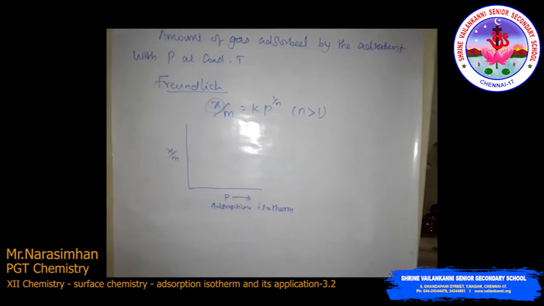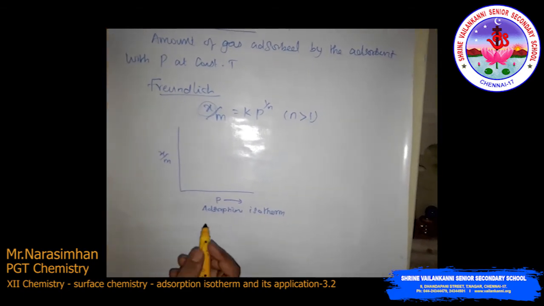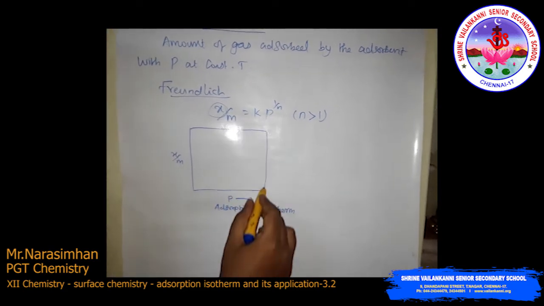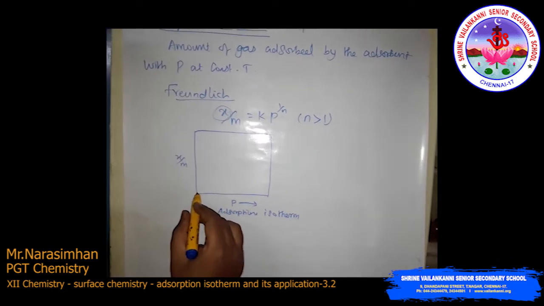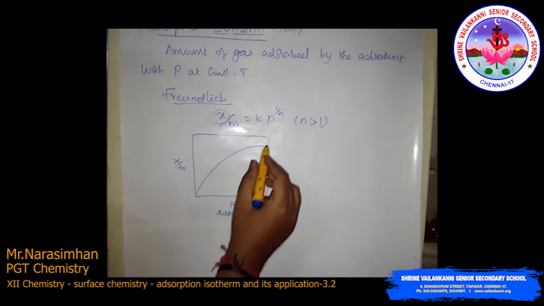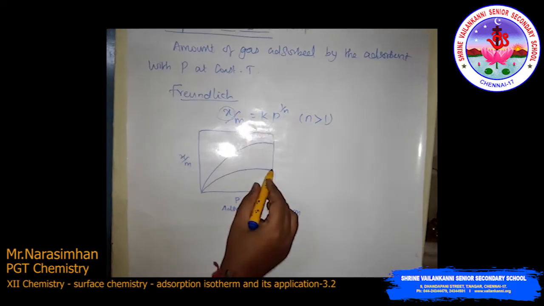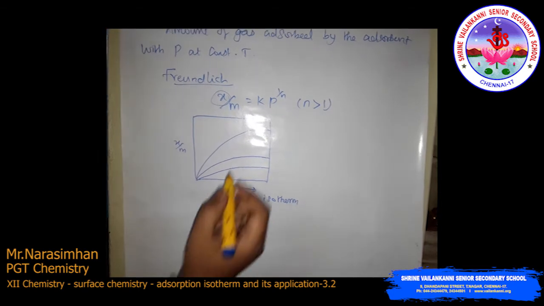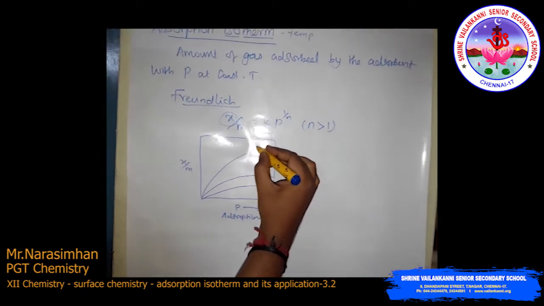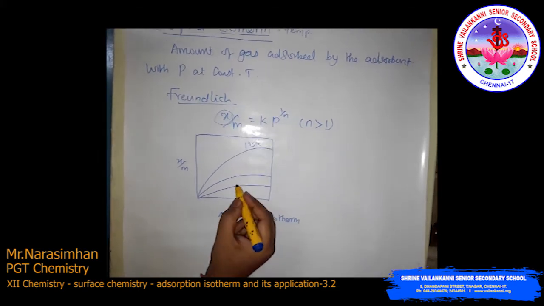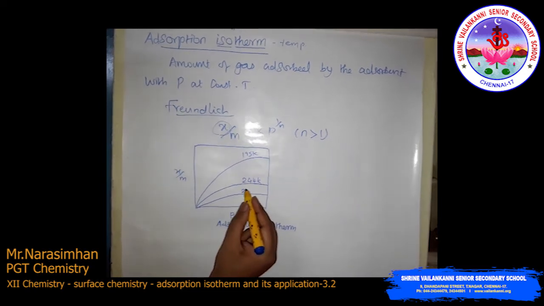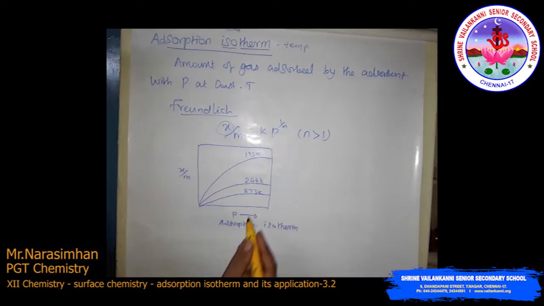Different curves are obtained here, and you can see them in your NCERT book. The temperatures are 195 Kelvin, 244 Kelvin and 273 Kelvin.